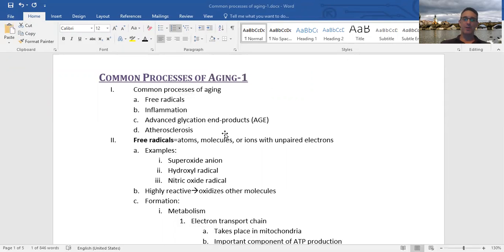Can we slow down endothelial dysfunction? Yes, exercise has been shown to do this. Improving the diet, in particular, decreasing trans fats. So trans fats are really an artificial fat. Think of margarine, but also any prepared food product that's placed in a bag and sold, like packaged donuts, cookies, cakes.